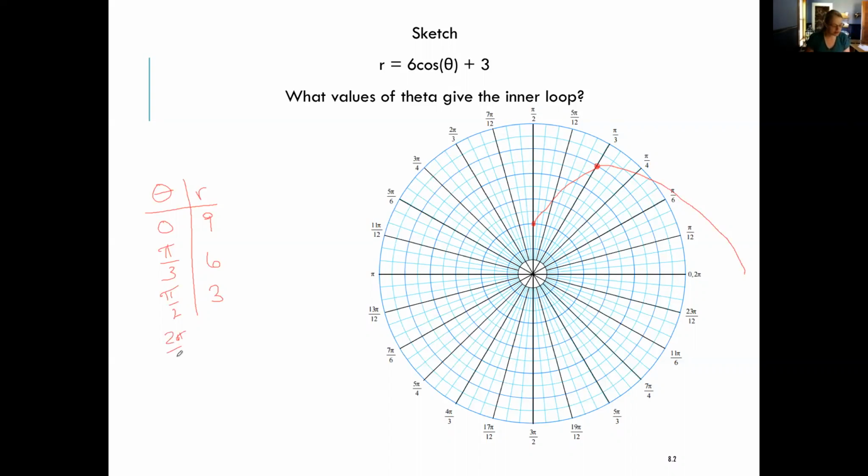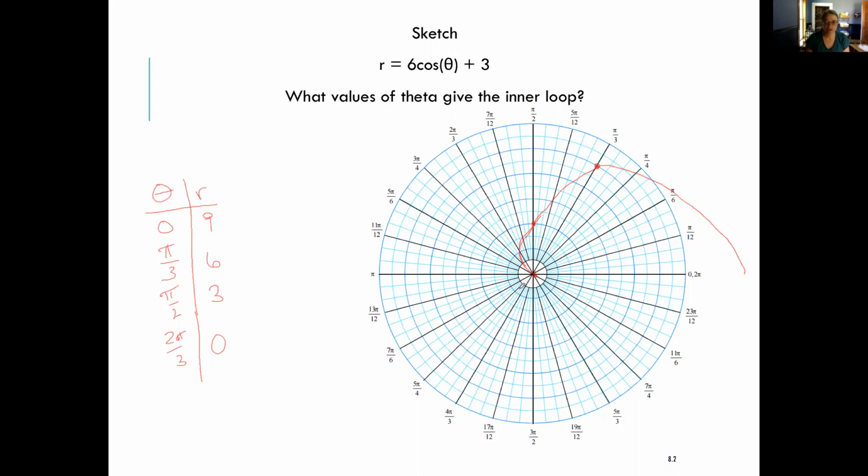Cosine of 2 pi over 3 is negative 1/2. So 6 times negative 1/2 is negative 3, plus 3 is 0. So at 2 pi over 3, my radius is 0. Oh, here we go. Here's how we get that inner loop.